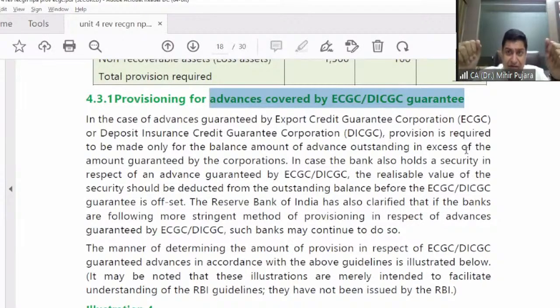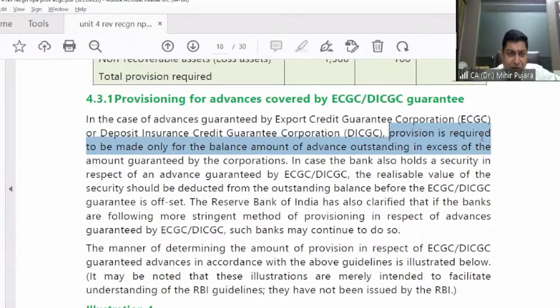Now the bank feels safer because they have their own security from the borrower and also the security from ECGC and DICGC. So they have two securities now. In this case, provision is required to be made only for the balance amount of advance in excess of the amount guaranteed by the corporation.